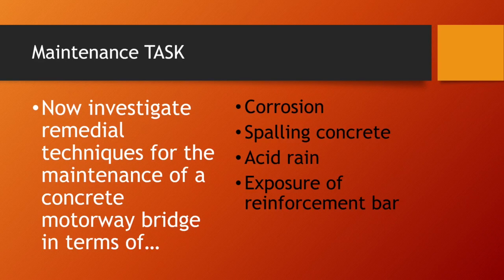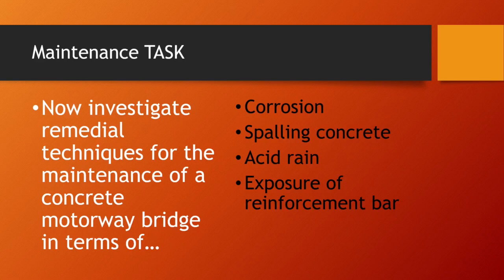So look into it. You need to understand that once we've decided to use a material and allocate this to a particular project, we also have to understand how we're going to maintain it, how accessible it is to maintain it, the cost of maintaining that over the life cycle of the structure, and what can we put in place in the first instance in terms of protective coatings, if any.